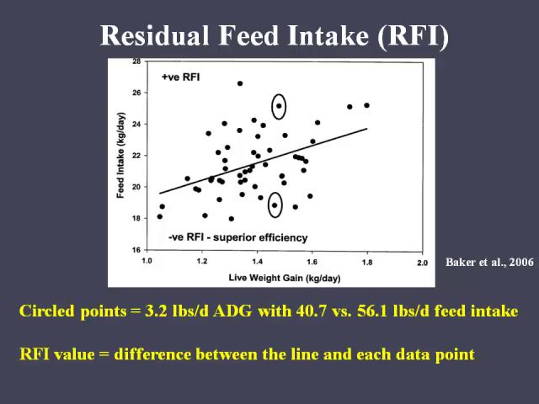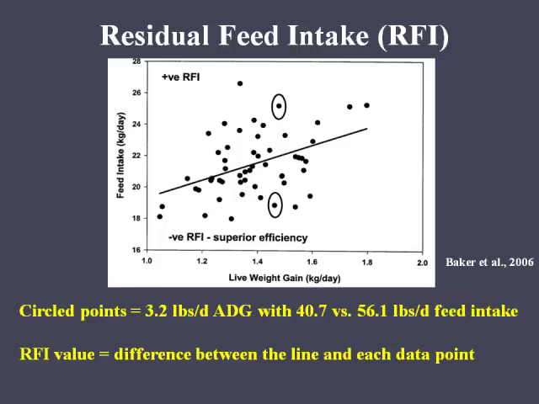I'll ask you now to look at these two animals depicted here, and this is what RFI is about. You can see there's a lot of scatter across this whole figure, and there's an average line through the middle that shows the population average for gain and intake.